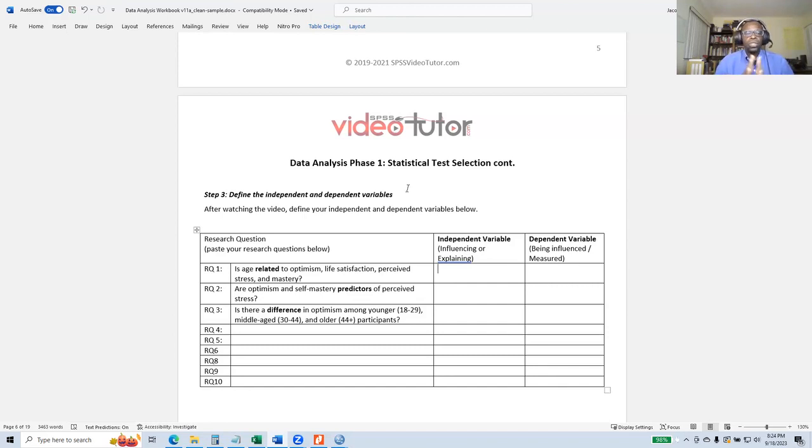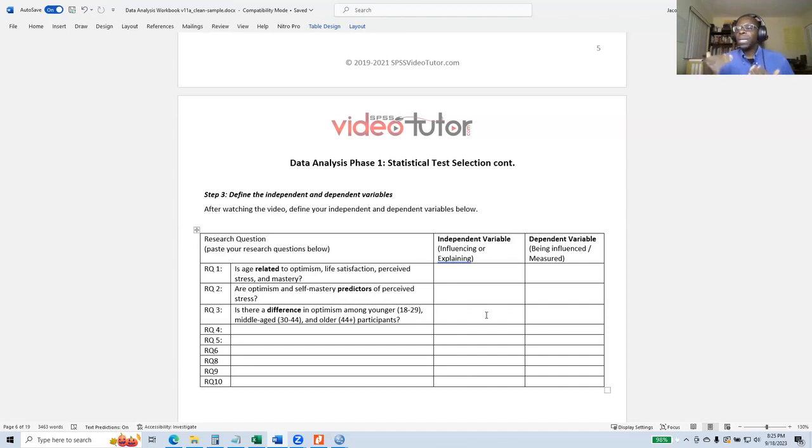All right. Okay. So dependent variable and independent variable. Now, first research question. We have to define the variables that are independent and the variables that are dependent. Okay. Now, let's start at the bottom. Is there a difference in optimism among younger, middle-aged, and older participants? Okay.